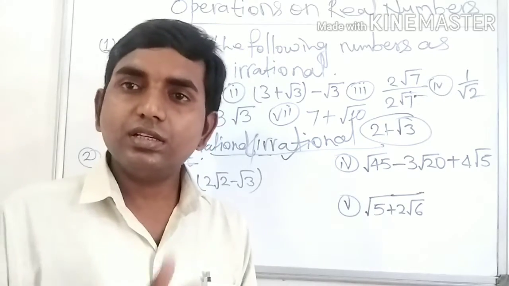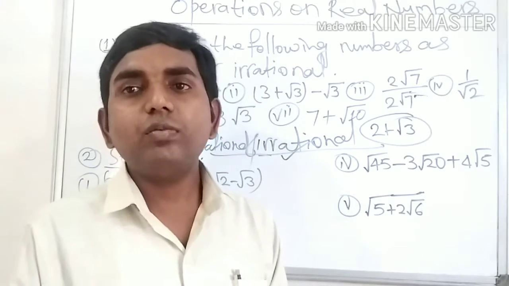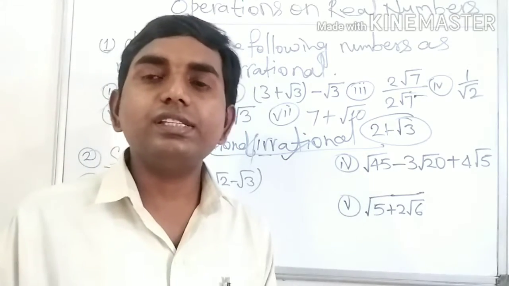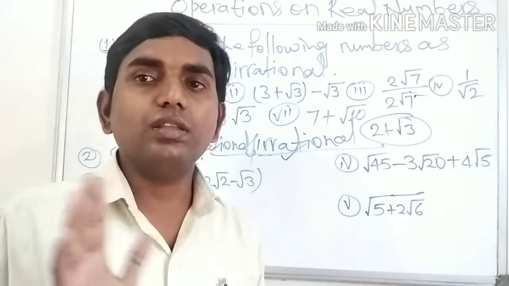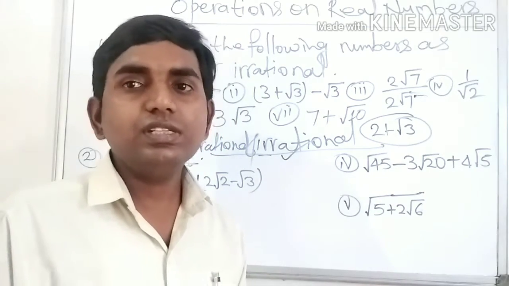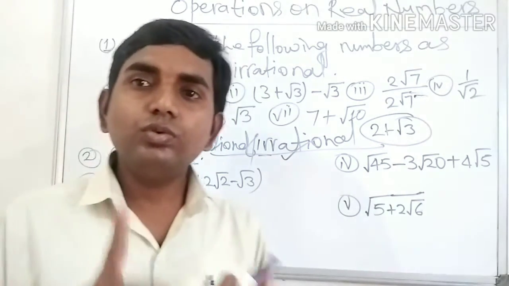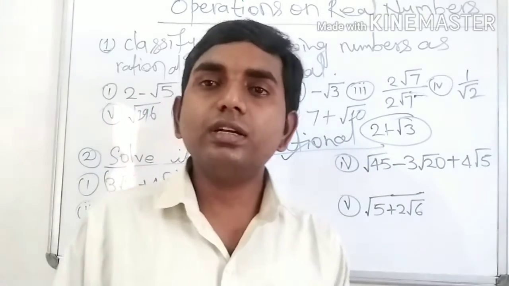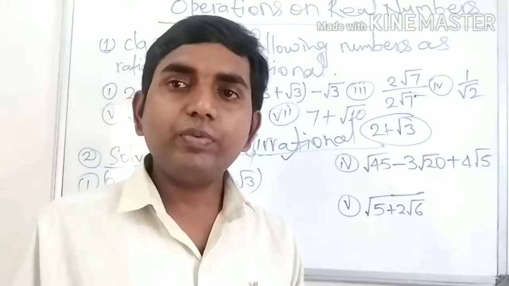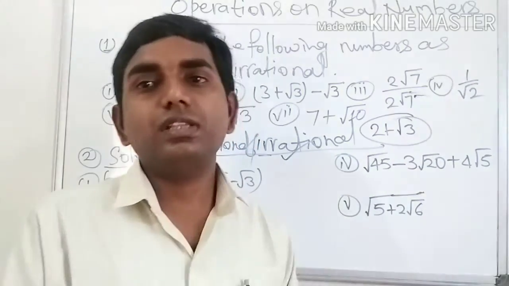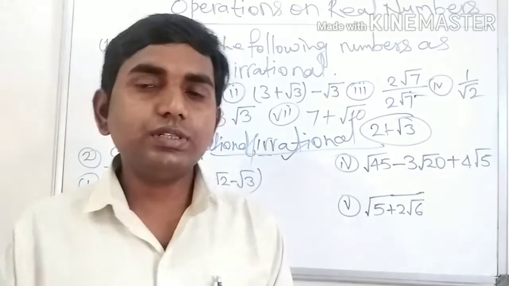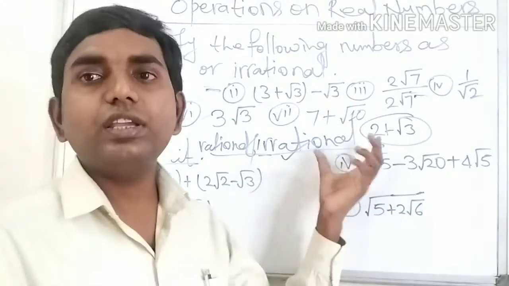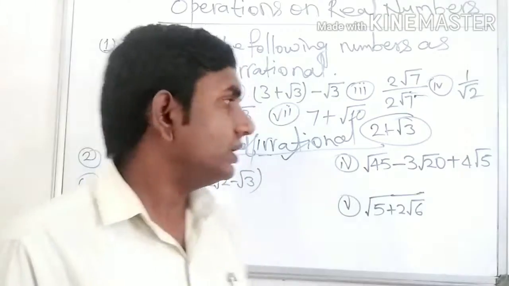And in case of division, the quotient of a rational number and an irrational number is irrational. On this basis we can easily classify whether a given number is irrational or rational.